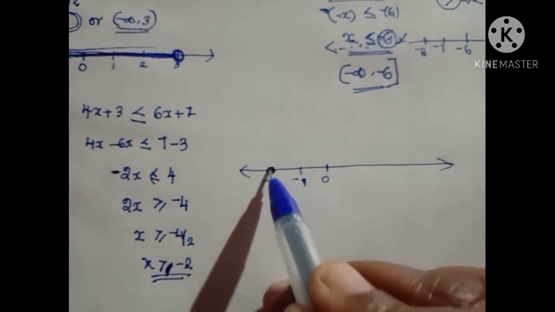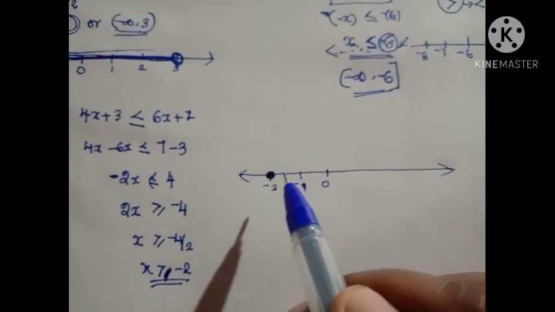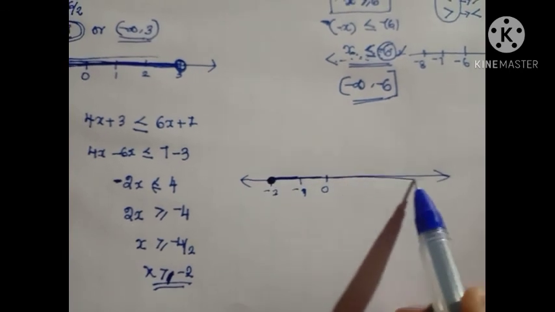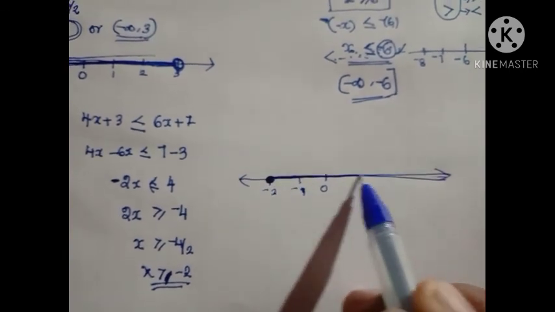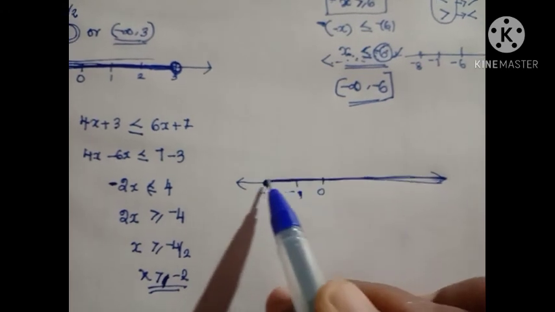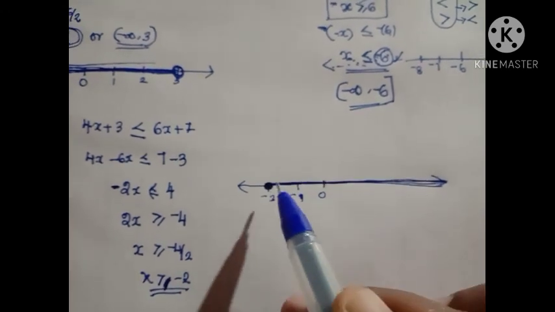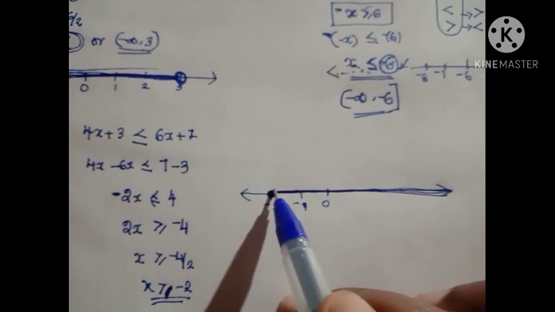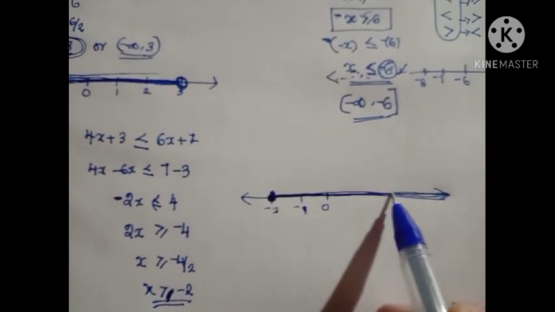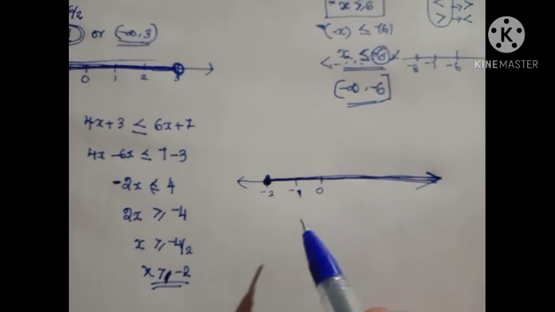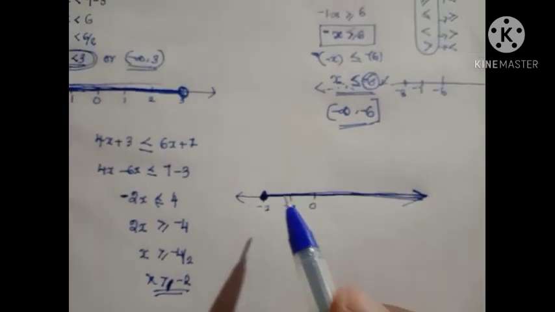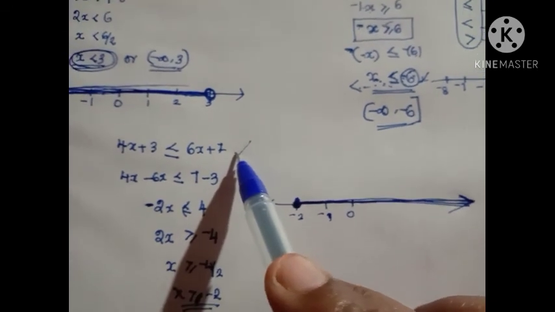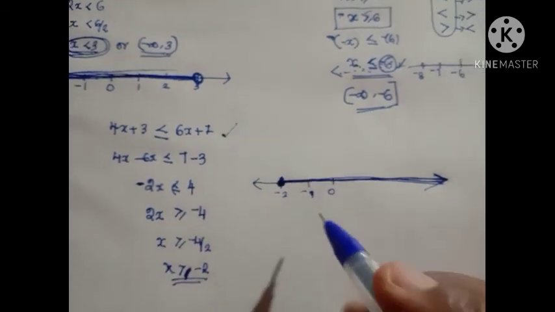So darken this point, and all other values greater than minus 2, which means the right side. So darken this line. From minus 2 to the right, we can select any values as solutions. In this manner we can define all the linear inequalities in one variable, solve them, and also represent the solutions on number lines.